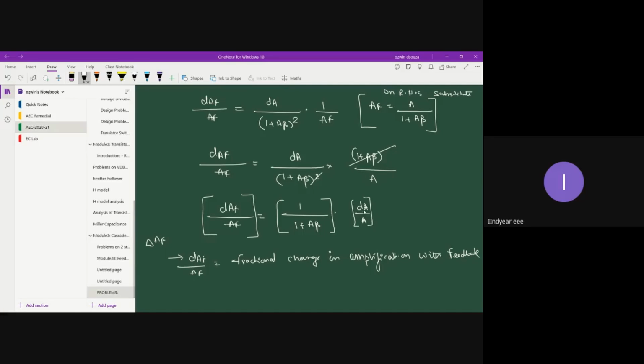On the other hand, the right hand side term dA divided by A is also a fractional change, but without feedback.